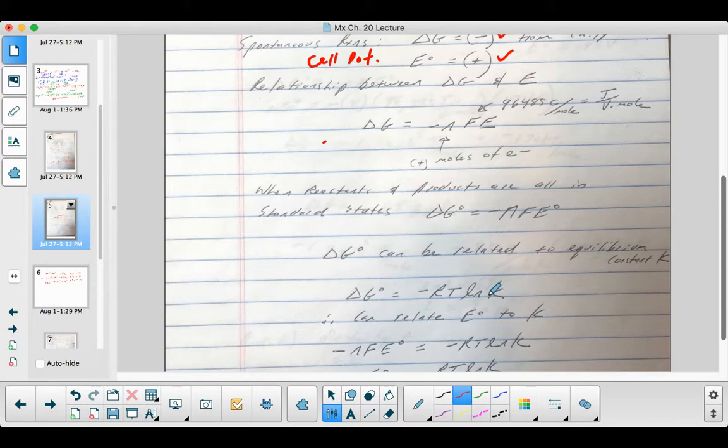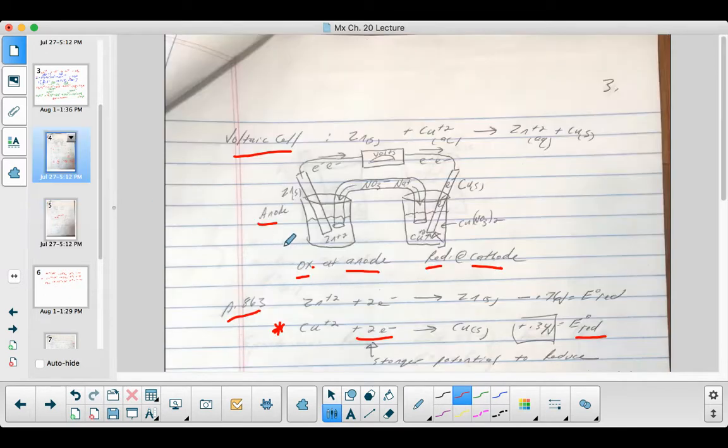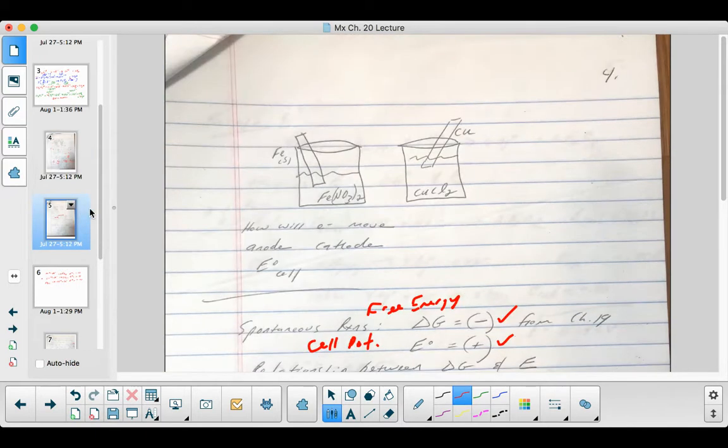The reason there's an equilibrium constant is because we're talking about the values of the ions that are in solution in this portion of the voltaic cell. So those ions in solution are also going to affect the free energy due to this relationship.